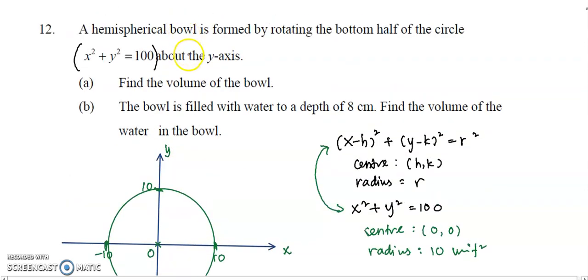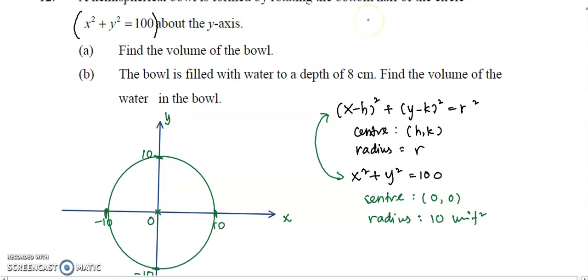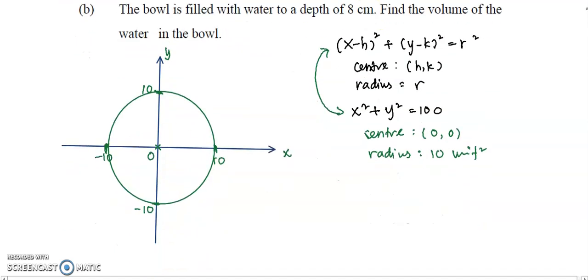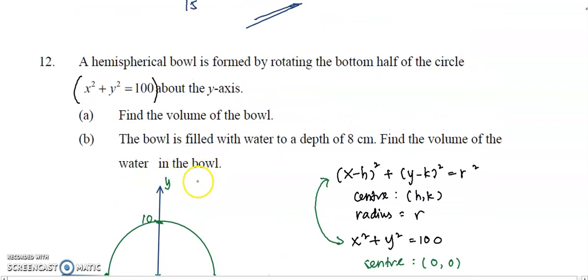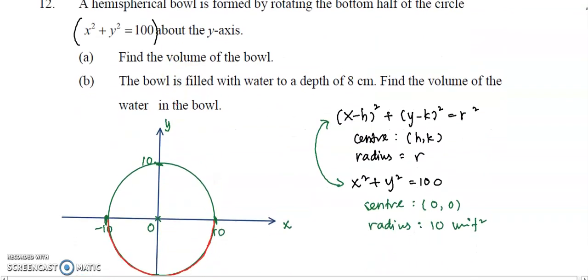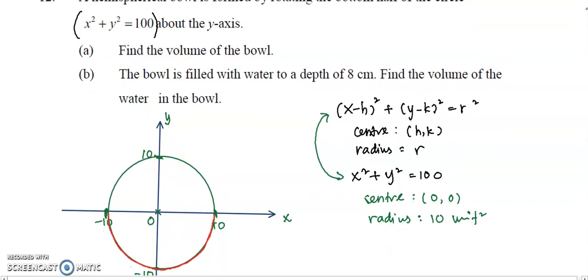So we read back the question. A hemispherical bowl is formed by rotating the bottom half, meaning we want to focus on the bottom half, which is this side, which I highlight with my red pen, and this is rotated about the y-axis.